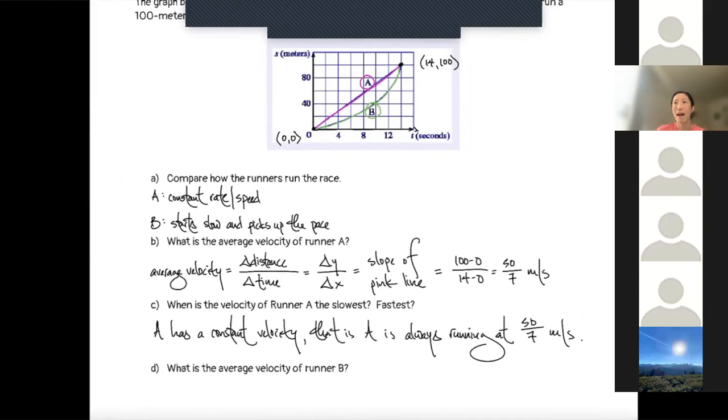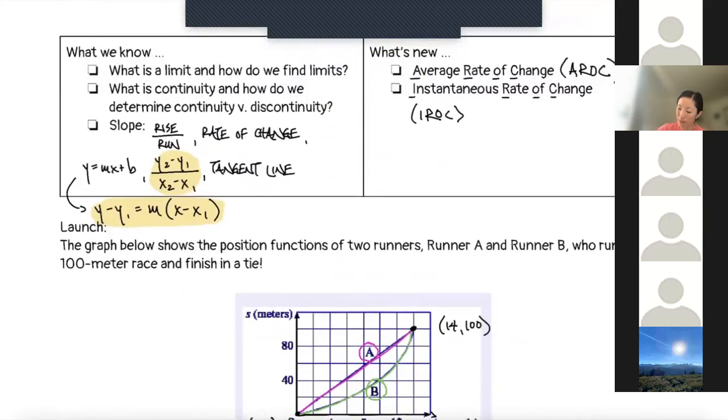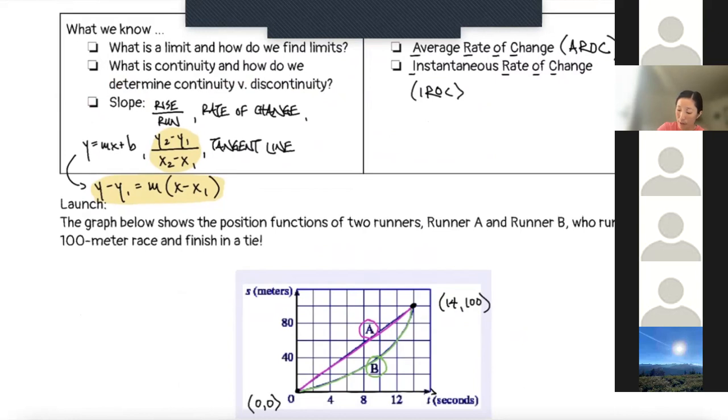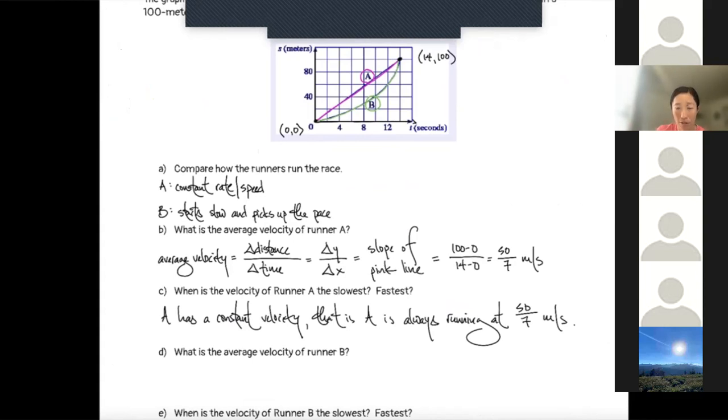So when we're thinking about average velocity, okay, it turns out everything that you all said earlier about this idea of slope being rate of change, and knowing that rate of change is y2 minus y1 over x2 minus x1, it turns out that anytime we see average rate of change, all we need to do is use the slope formula.